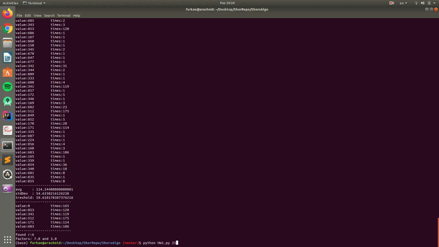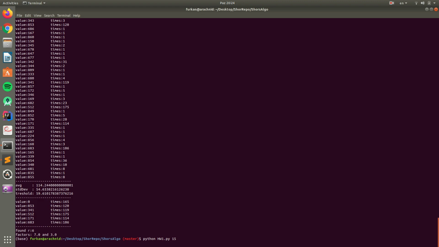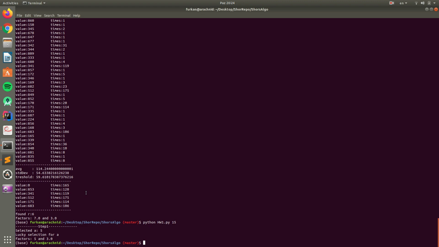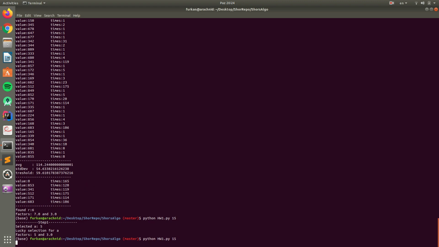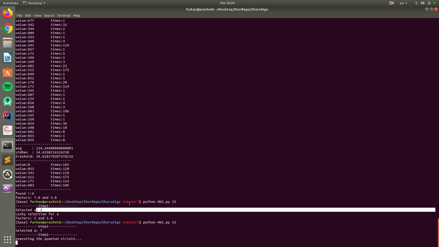Let's run this program for 15, for example. Let's see what will happen. We got lucky. We chose A as 5, and it's already a factor of 15.